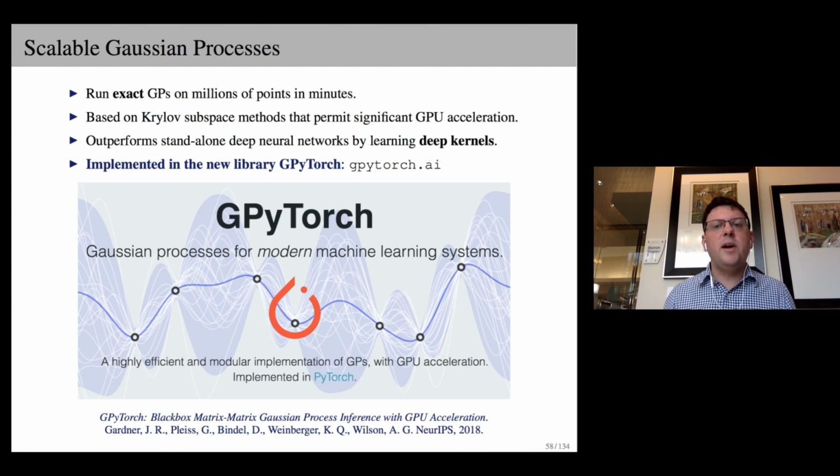And GPyTorch, this package here, really is inspired by that approach in order to scale Gaussian processes with exact inference to very large problems. And when we do that, we can see that GPs with deep kernels often outperform standalone deep neural nets.